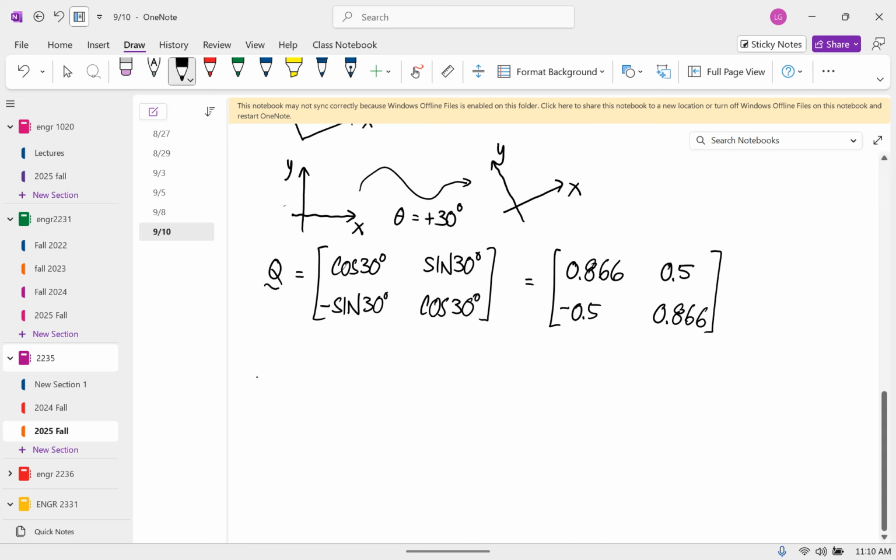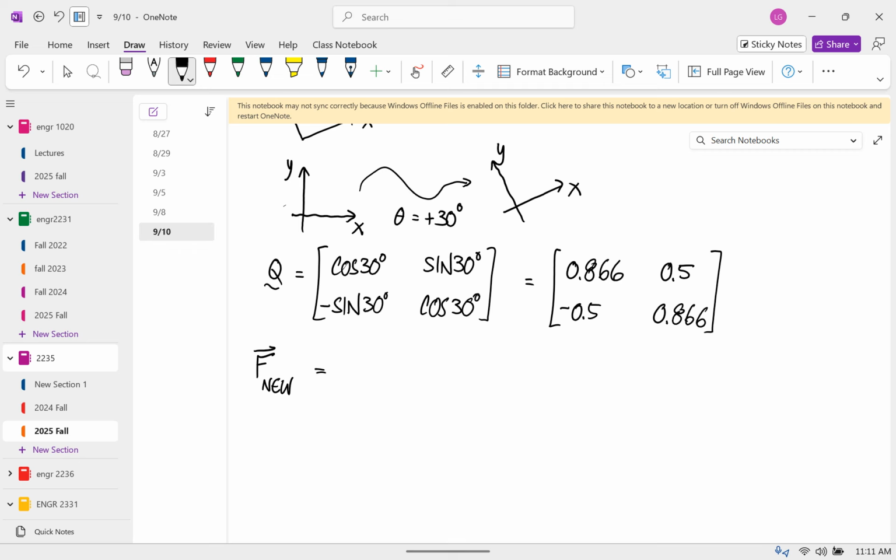Why does the sine switch from positive to negative on the bottom, but the cosine doesn't? Really, the most useful answer is that's just a formula, so just use it that way. It's always cosine, sine, negative sine, cosine, and just put in whatever angle you're changing to.